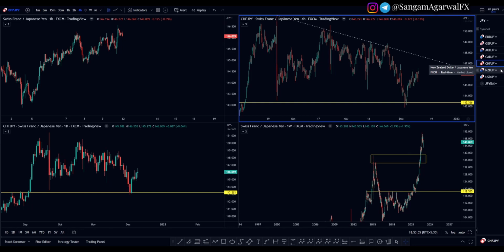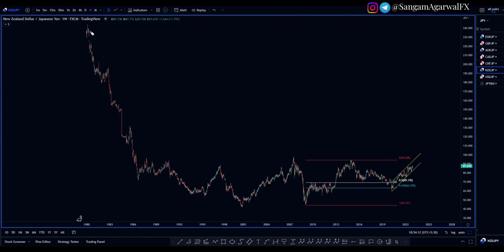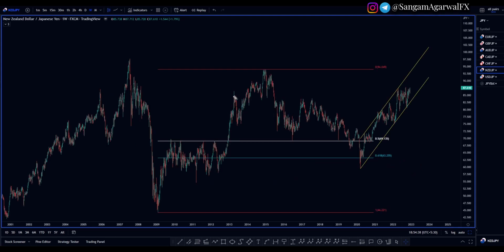And if we see New Zealand dollar, Japanese yen, then first on weekly time frame it came down, then made a bottom, and since then it is in a sideways range. So if we only focus on the last wave from this bottom to this top, it went up, came down, made the 61% retracement level, and now it is up.